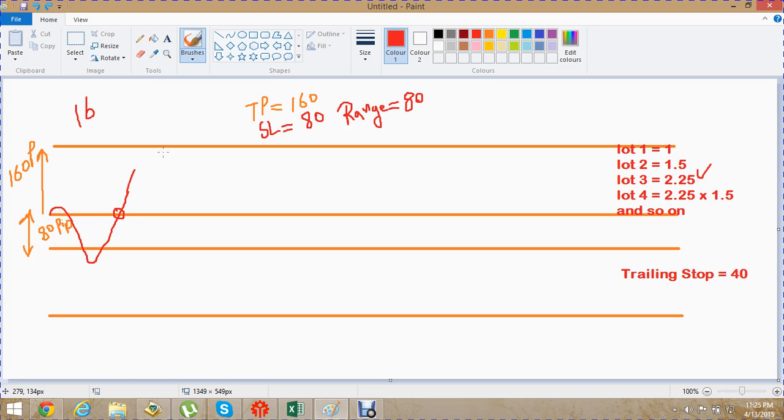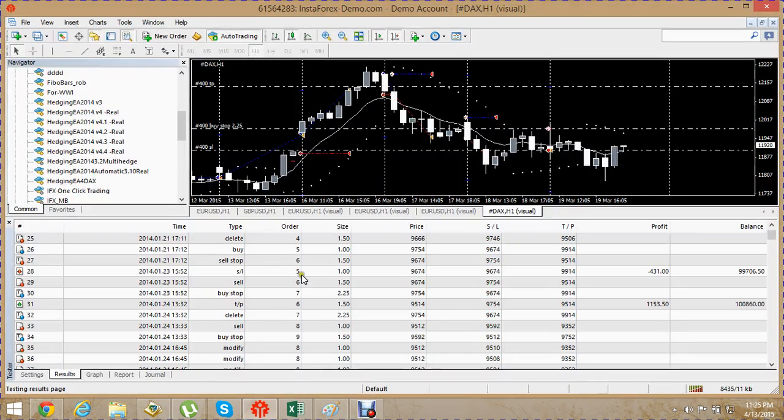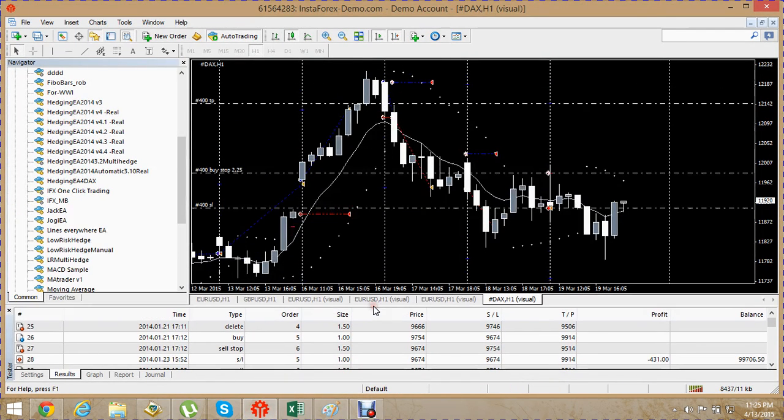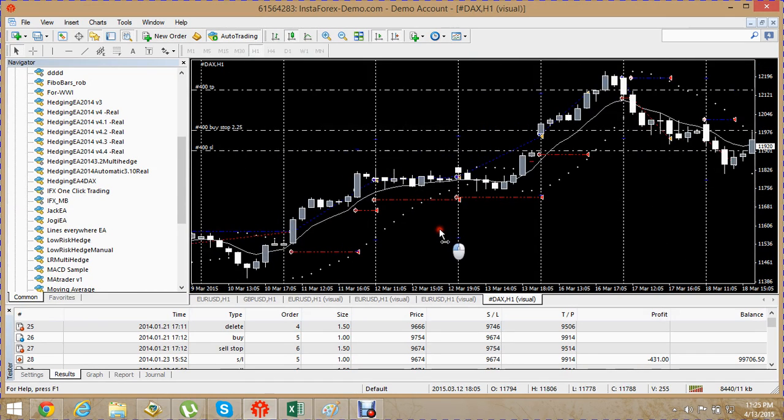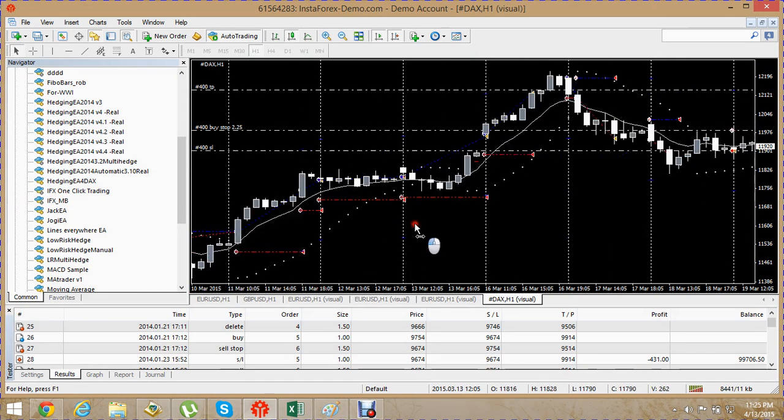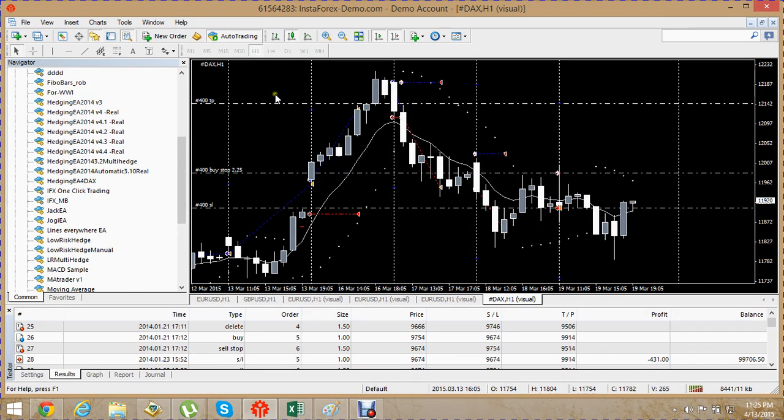So this was the basic idea of how this strategy works, and if the trades are going against you, you will keep on placing trades. One thing I need to tell you here is that with this DOX stock, the market usually moves more than 160 pips in a day.